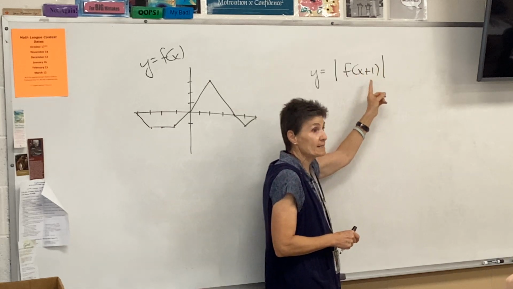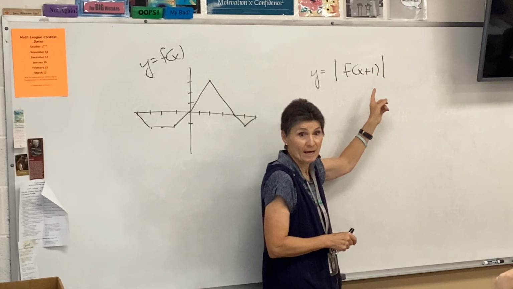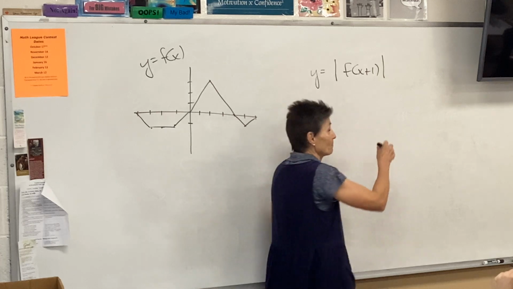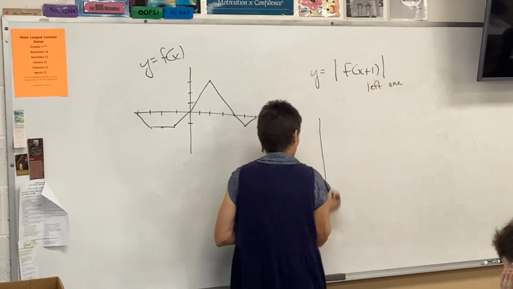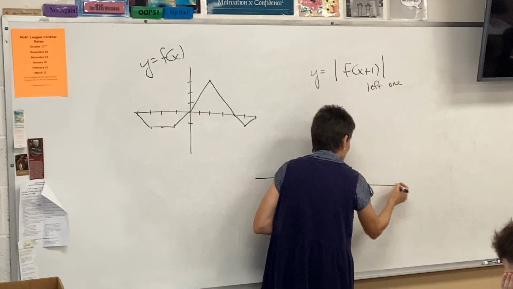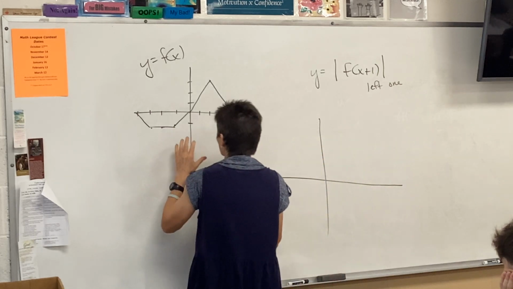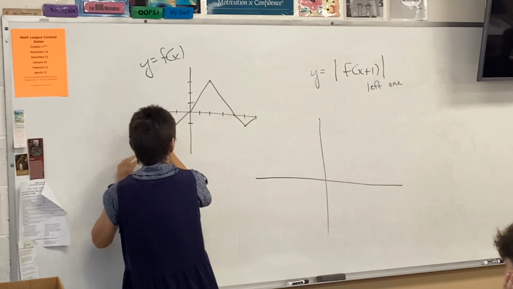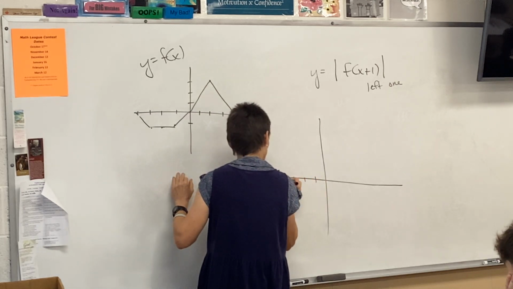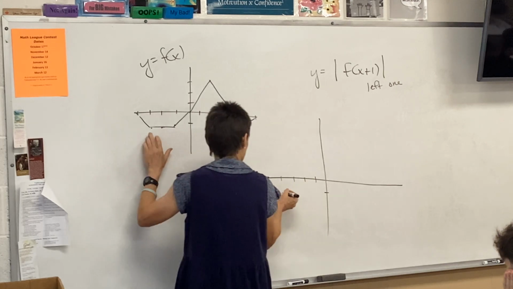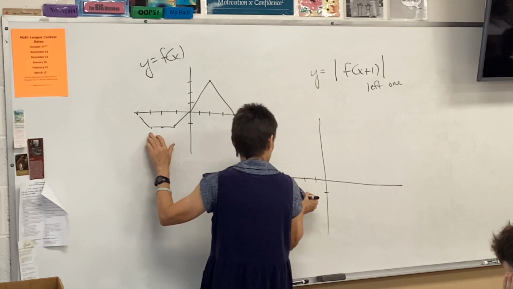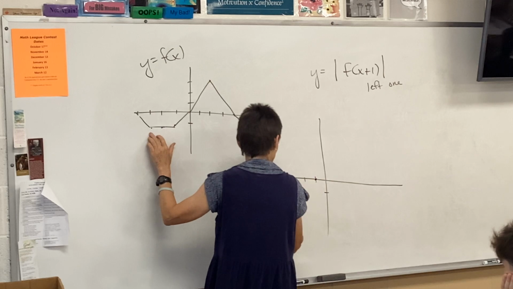PEMDAS, we're gonna start in here, right? So what's that gonna do? That's gonna move everything left 1. So I'm gonna start with that. I'm gonna take everything left one. So every one of my points, 1, 2, 3, 4. And this is super simple. Once you get it started, it's easy.